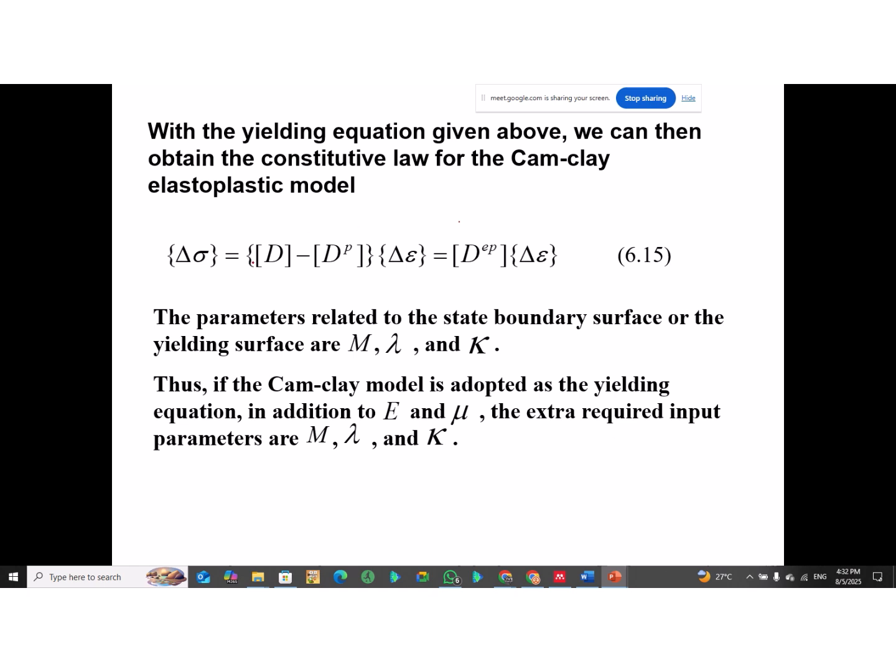So all these parameters, D, dP, we know already, because the first thing you know is the relationship between stress and strain. So this is the stress, that is the strain. Once you are loading your material, it's going to deform. So from there we can get strain, and this D is a deformation matrix. Okay, deformation matrix, and when you see P there, it means they are related to the plastic.